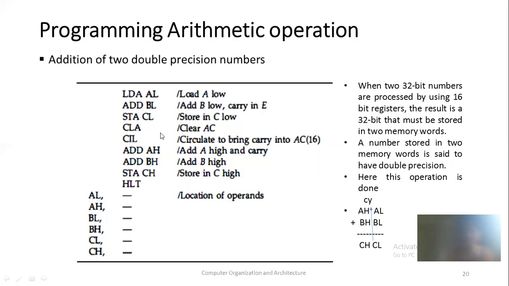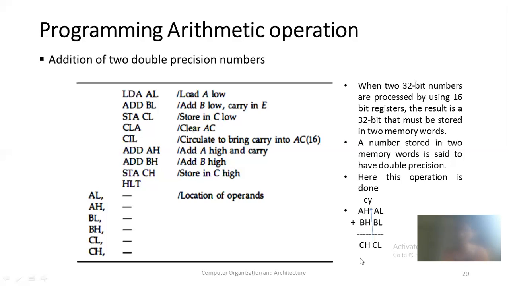Your first number is stored at memory locations AH and AL. At the AH location your higher 8 bits are stored, and at the AL location your lower 8 bits are stored. For the second number you have used two locations, that is BH and BL. At the BH location, the higher 8 bits are stored, and at the BL location, the lower 8 bits.